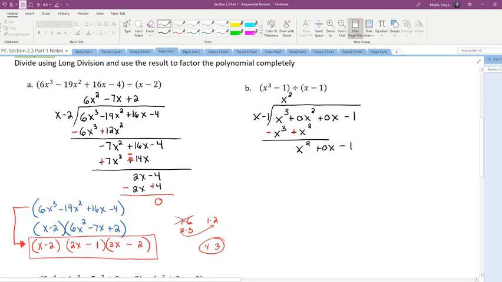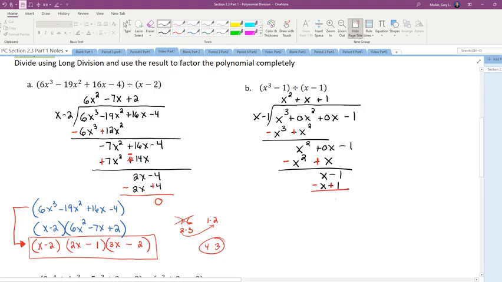So I'm going to put a plus x here, because multiplying by a positive x gives me x squared, and minus x. Remember to change your signs when you subtract. And I get x minus 1. And obviously when I do this one, I get plus 1. That gives me x minus 1. Change signs.